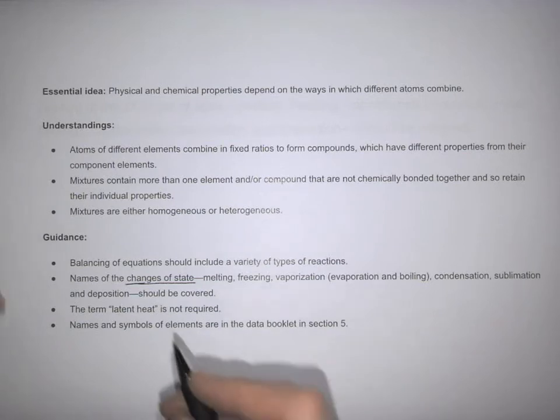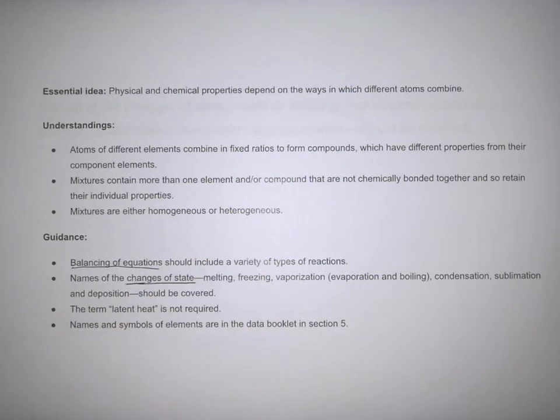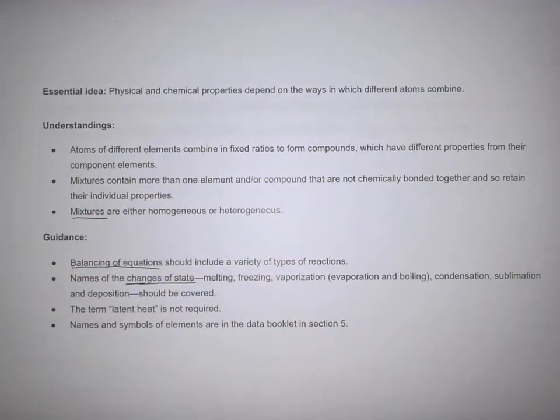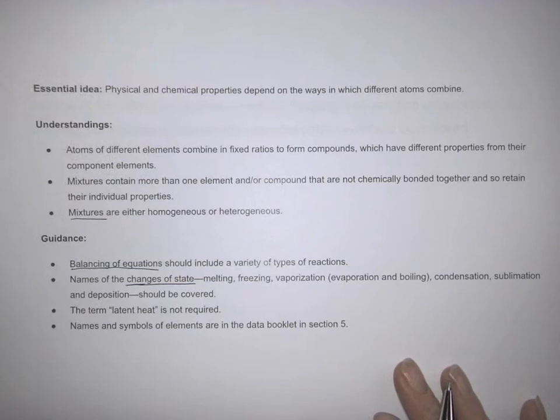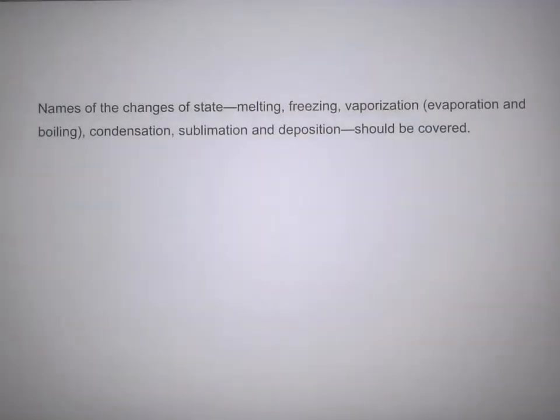We're going to look at how we can balance chemical equations and the method for that, and we're also going to have a quick look at mixtures, and we're going to distinguish between a homogeneous and a heterogeneous mixture. So these are the three different things that this topic is about, and we are going to start with the states and the change of states.